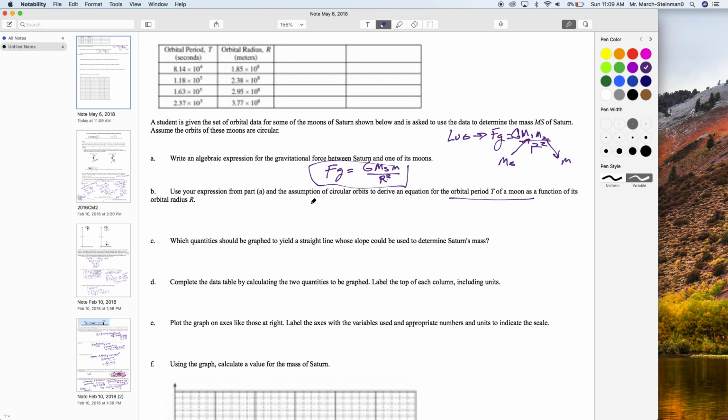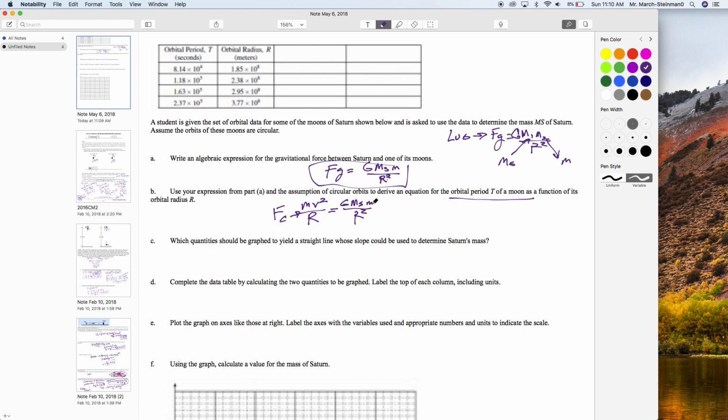That means the moon must be moving in a circle, so we should use our centripetal motion equation: m for moon, v squared over r, which is the centripetal force, also equal to the force of gravity, which is G Ms m over r squared from the above equation.